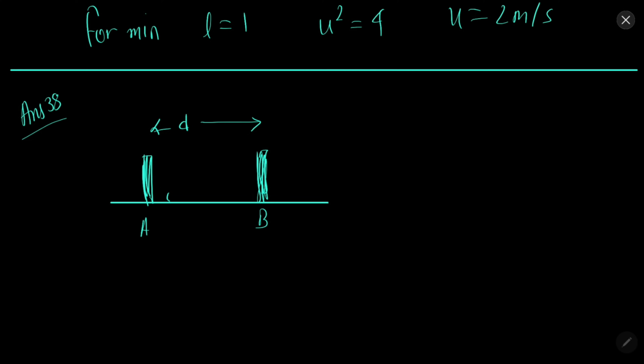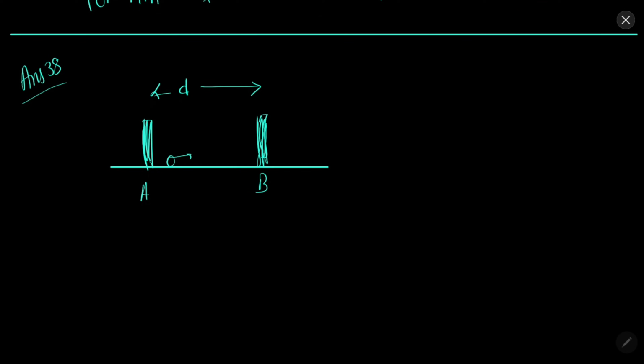Now A will roll a ball towards B, which B will catch. Now B will roll the ball towards A, which A will catch. So it will move back and forth.